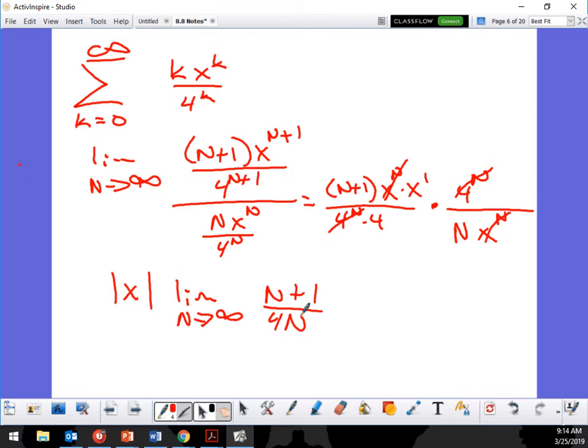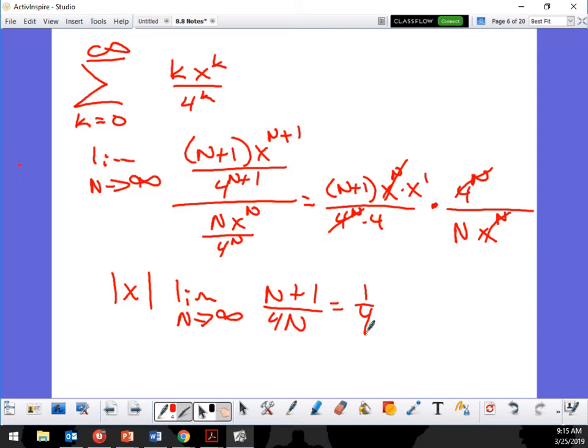Yeah, the x factor, because I'm trying to figure out certain values of this. So now in this case, since I have 4n, as I take the limit to infinity, I get what? 4. Okay, so the limit equals 1 over 4. Now, what is going to make this piece right here greater than 1?